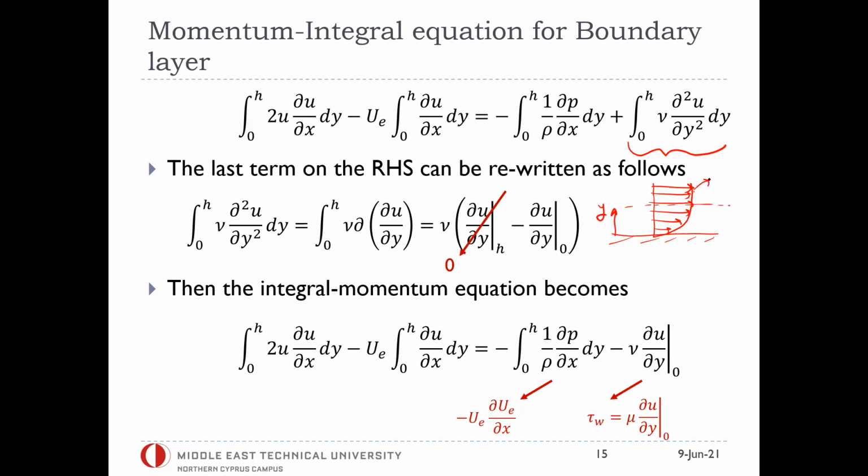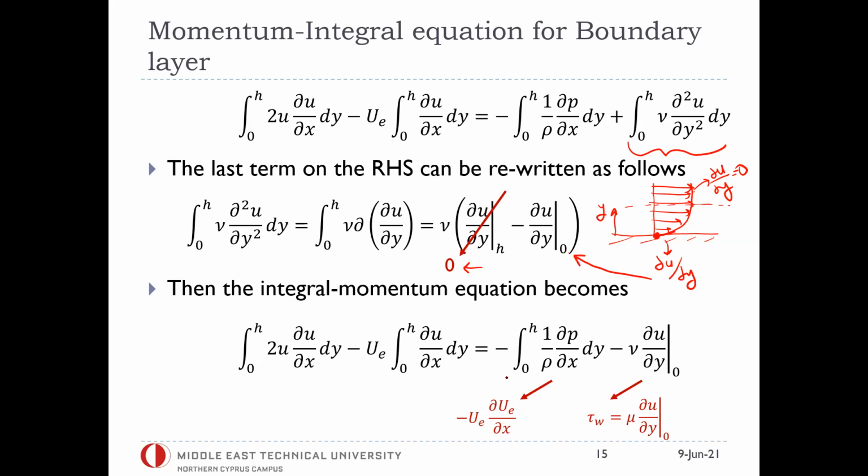So when you're here, du/dy is basically 0. There's no variation of u with y, and this is why this term is 0. The other term is the du/dy value at the wall. Whatever velocity gradient we have here, we know that it is not 0, so that will go to this term.